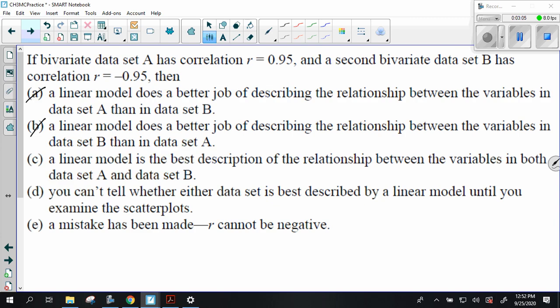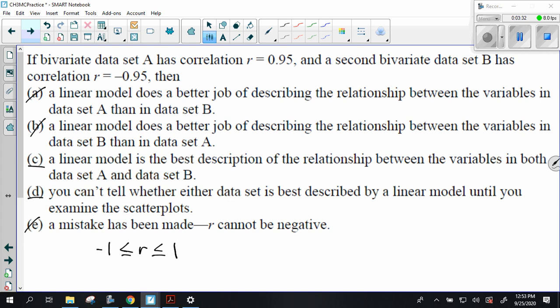I do like this one: can't tell whether either data set is best until you examine the scatter plots. Let's look into that answer a little more. And of course r can be negative, right? Because we know that r is a value between -1 and 1. So that's all well and good.